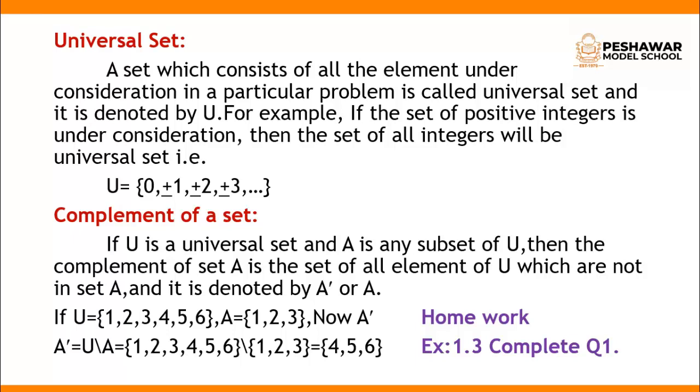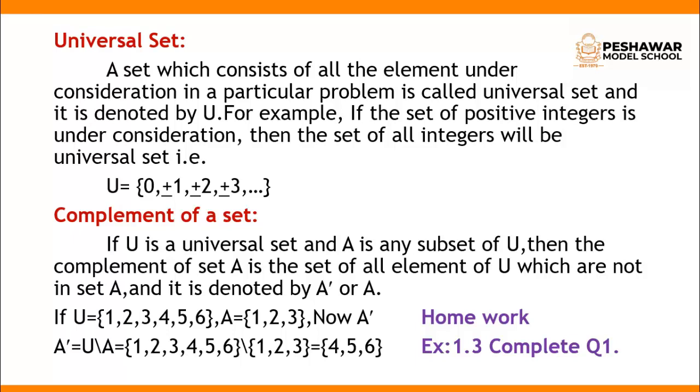Then the complement of set A is the set of all elements of the universal set which are not in set A, and it is denoted by A dash or A C. You have to also write here A C.